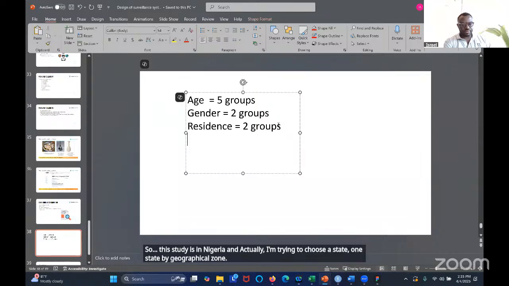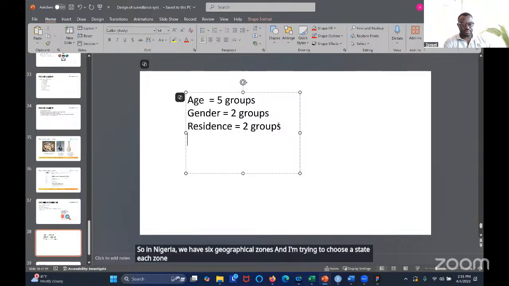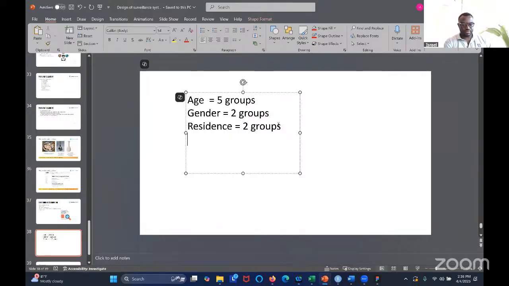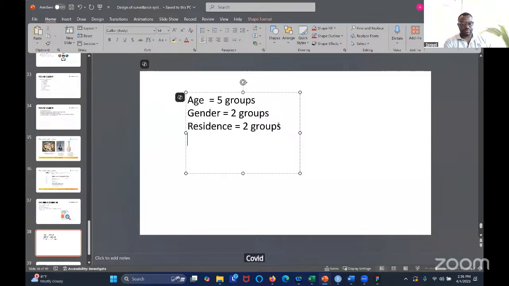In Nigeria, we have 6 geographical zones, and I'm trying to choose a state from each zone. It's also related to COVID, those who took COVID tests. So in each of these states, I want to look at the COVID data and sample people from each of those states that did a COVID test for my survey.